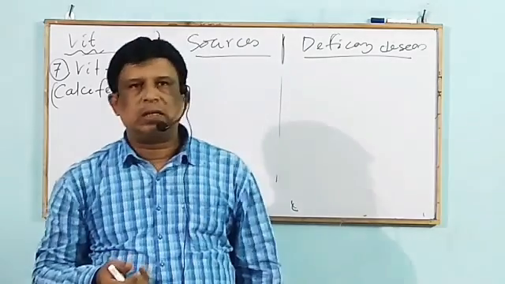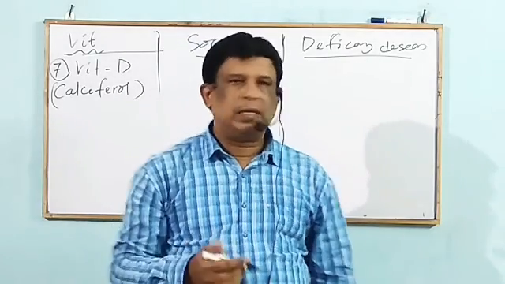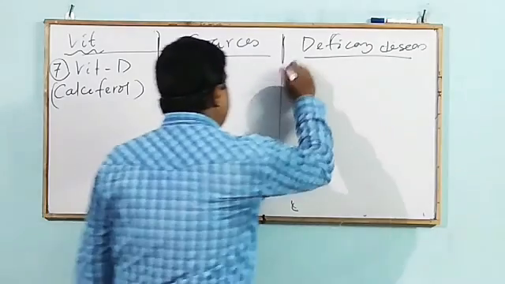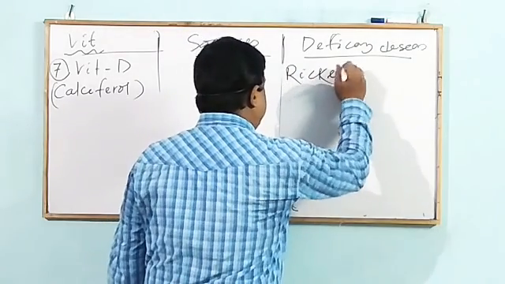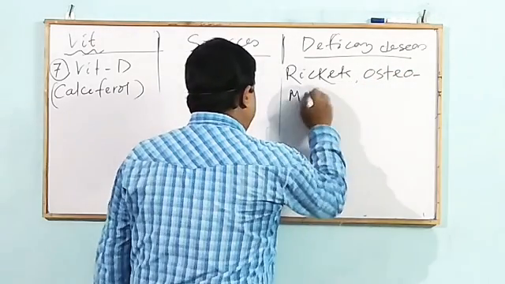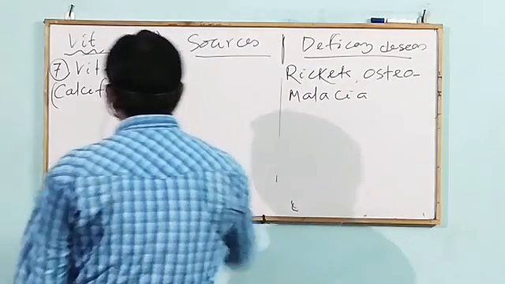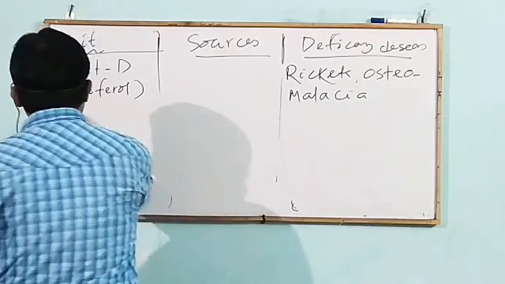The deficiency diseases are rickets and osteomalacia. This is the important disease caused by deficiency of vitamin D.